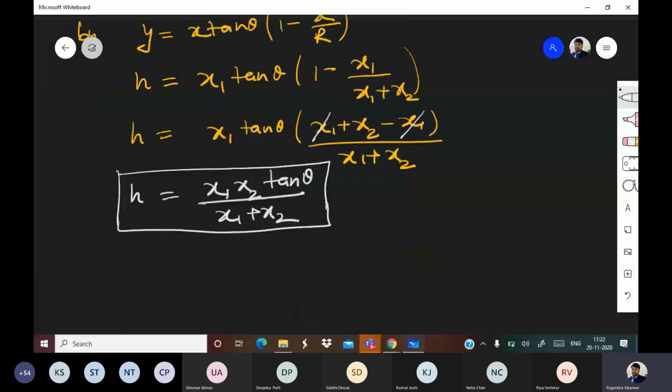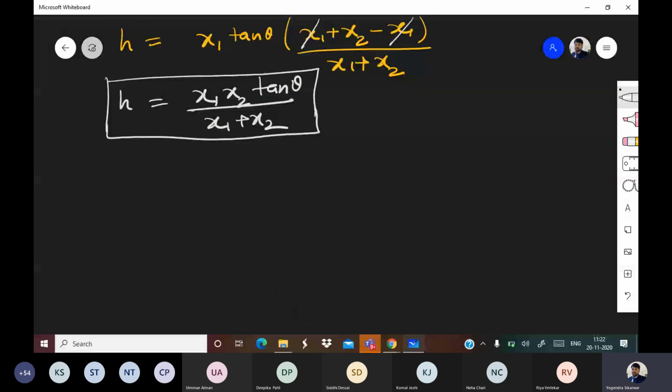All right. Now the next thing which we are going to study is projection from height, and in that we are going to talk about horizontal projection.